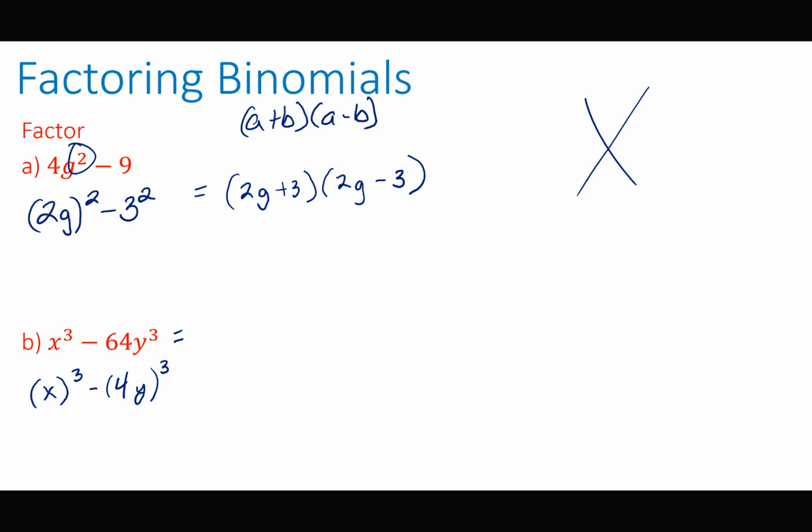Okay? All right. So this is same, opposite, always positive. So same would be x minus 4y. X squared, opposite would be plus, and this would be 4y times x, so 4xy, and then always positive, 4y quantity squared.